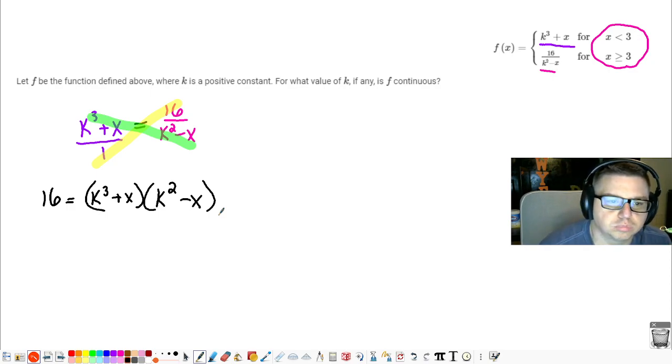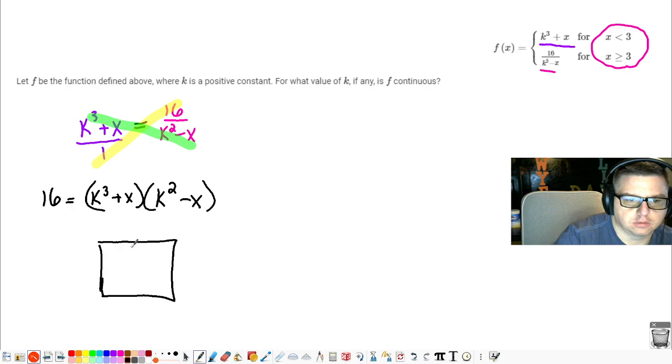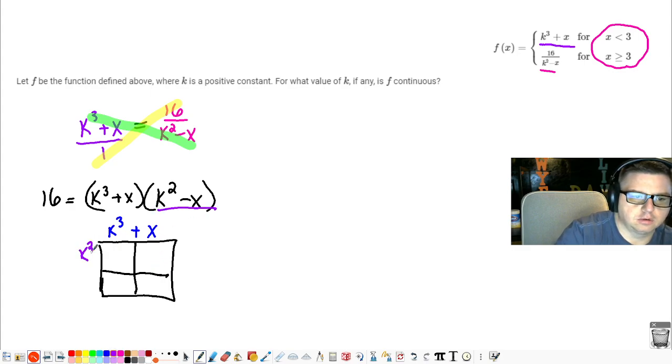What are we going to do? Let's draw a box so that we can multiply our two polynomials together. We're going to do k cubed plus x, and then k squared minus x, and we're going to do row times column.